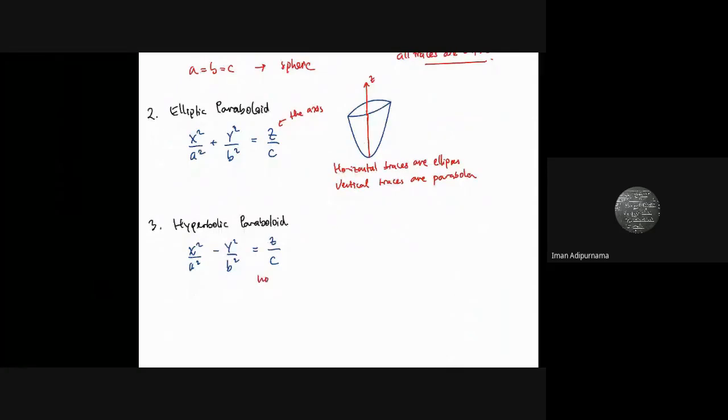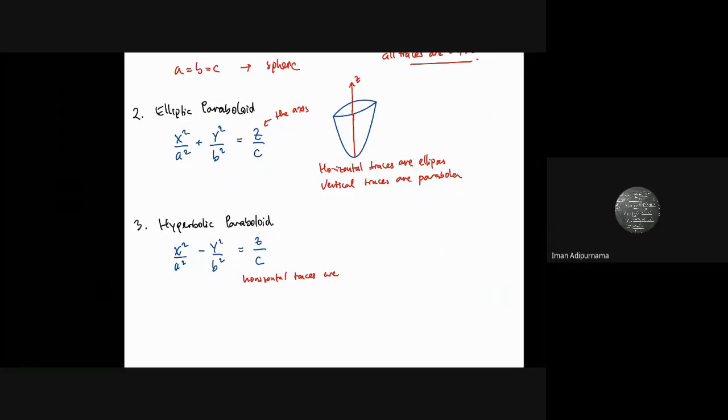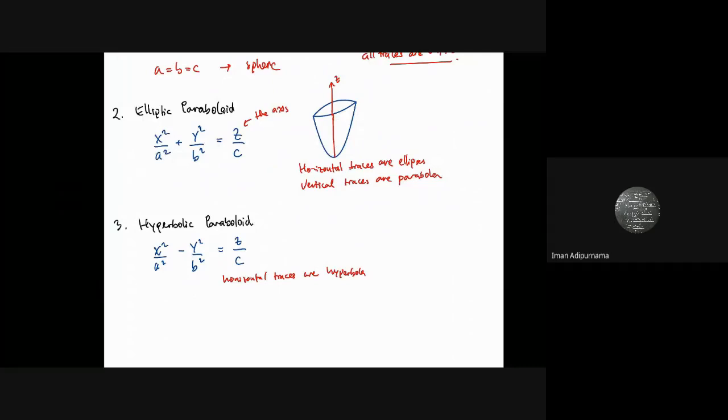So horizontal traces are hyperbolas. Vertical traces are parabolas.